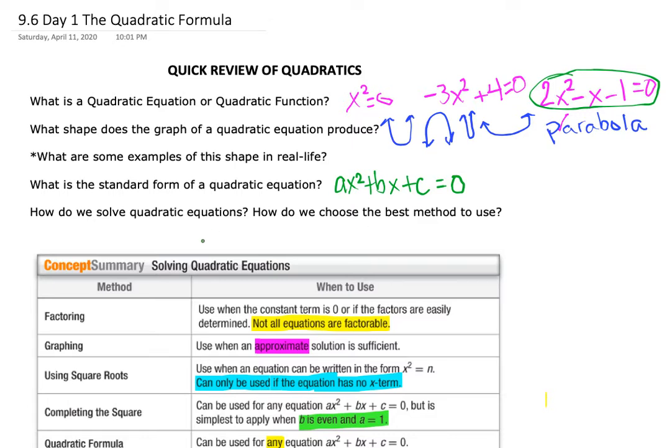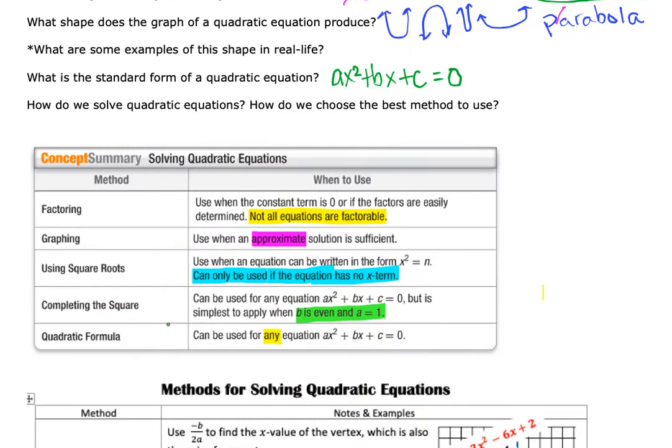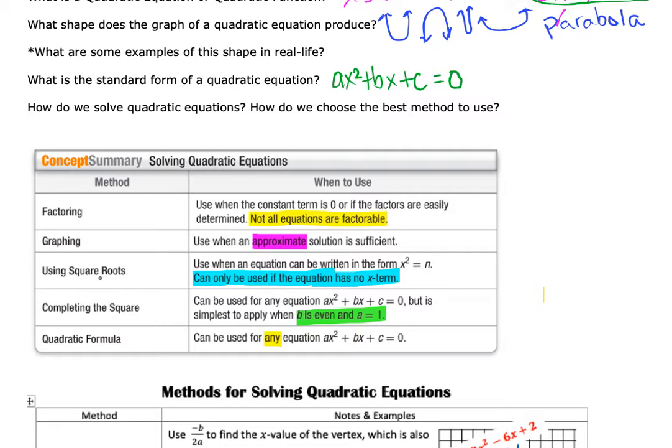Well, we have talked about numerous ways to solve quadratic equations. Back in 9.1, we talked about how to graph. And then we did square roots and factoring. And then I believe in 9.5, we did completing the square. And now we're going to learn about the quadratic formula.